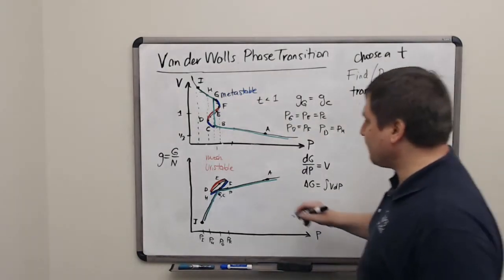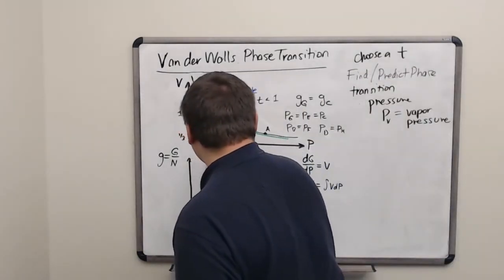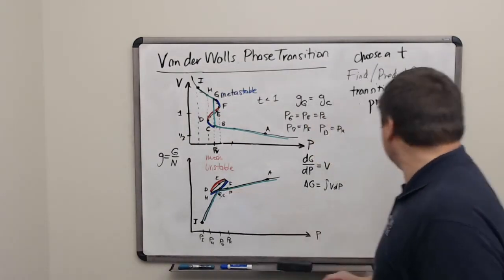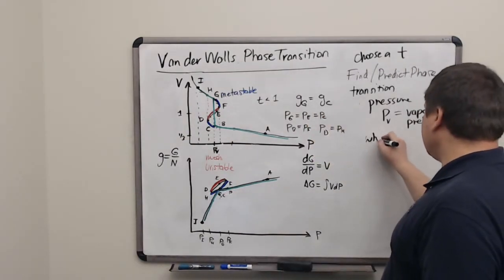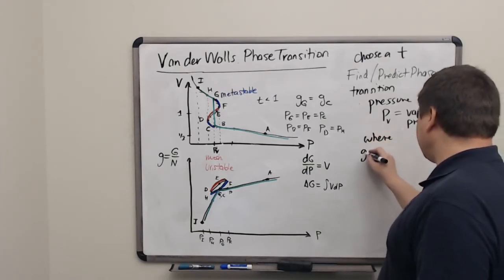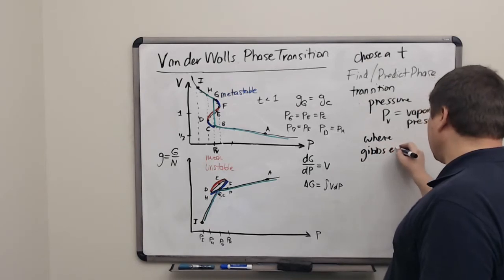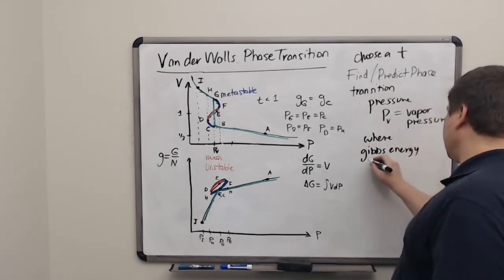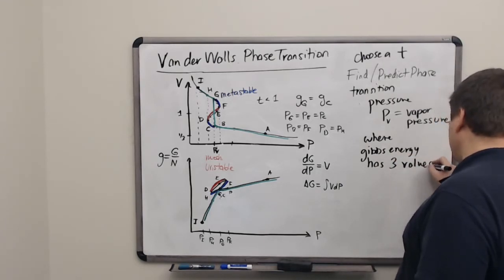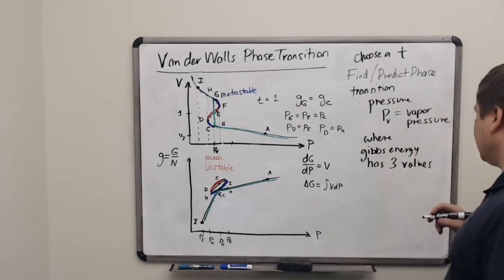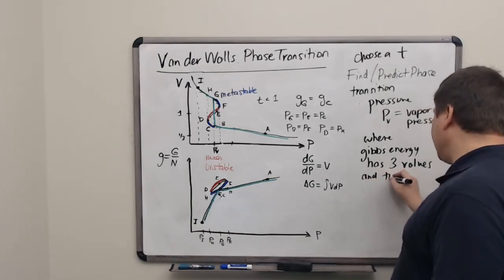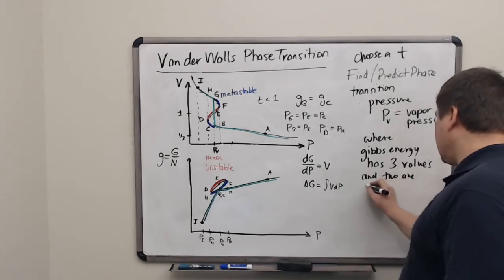So you find a vapor pressure PV right there, where the Gibbs energy has three possible values, and two of them are equal.